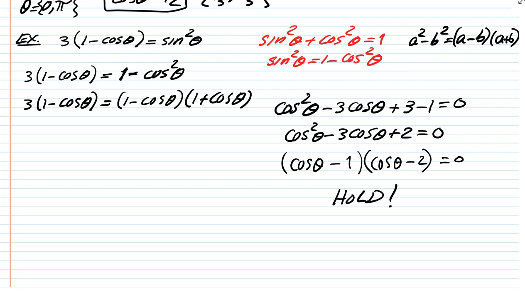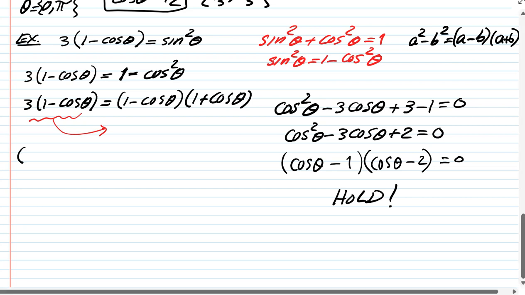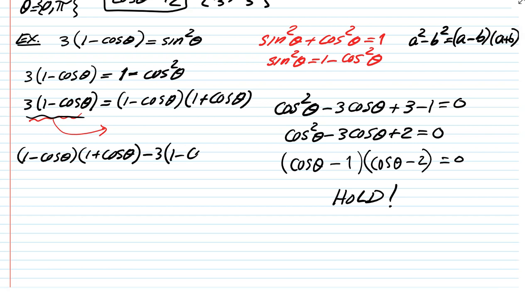Well, let's bring this expression to the other side. So now my right side, I'm going to write it on the left side: 1 minus cosine theta, 1 plus cosine theta, and bring this to the other side, -3 times 1 minus cosine theta equals 0.